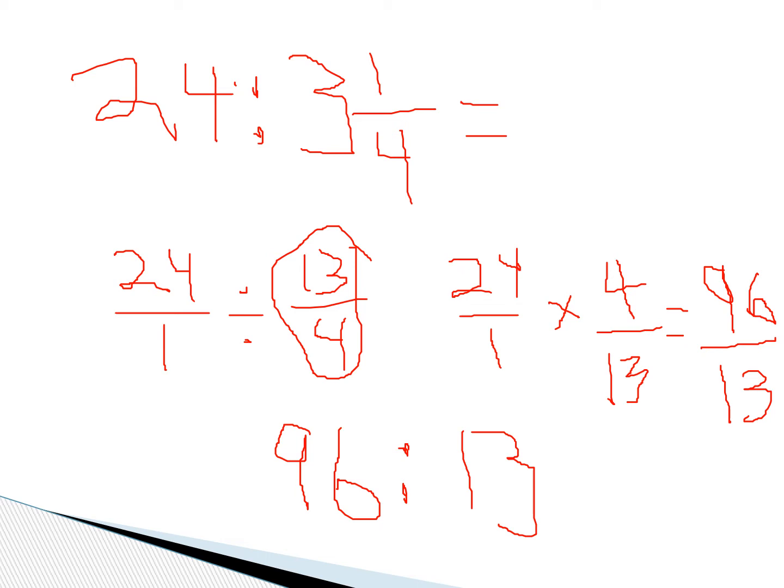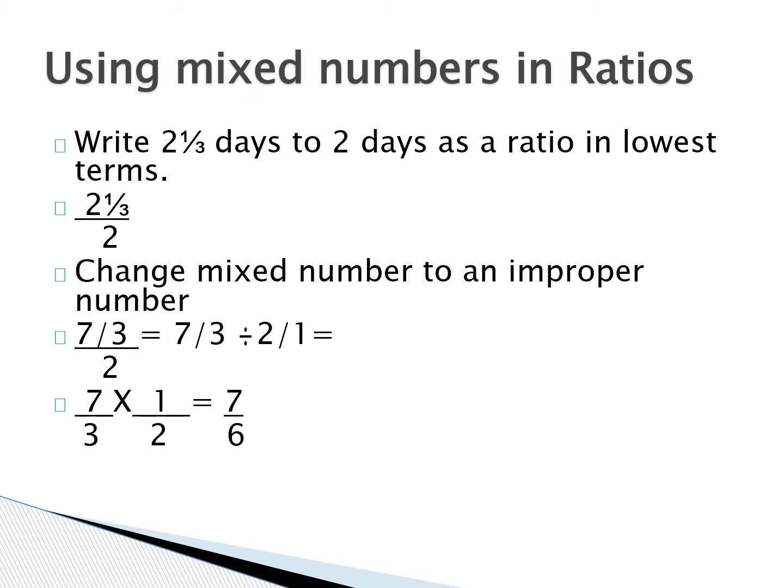All right, moving on. This pretty much is telling you the same thing, using mixed numbers and ratios. So we're comparing 2 1/3 days to 2 days. Write 2 1/3 days to 2 days as a ratio in lowest terms. So we're going to do the same exact thing.